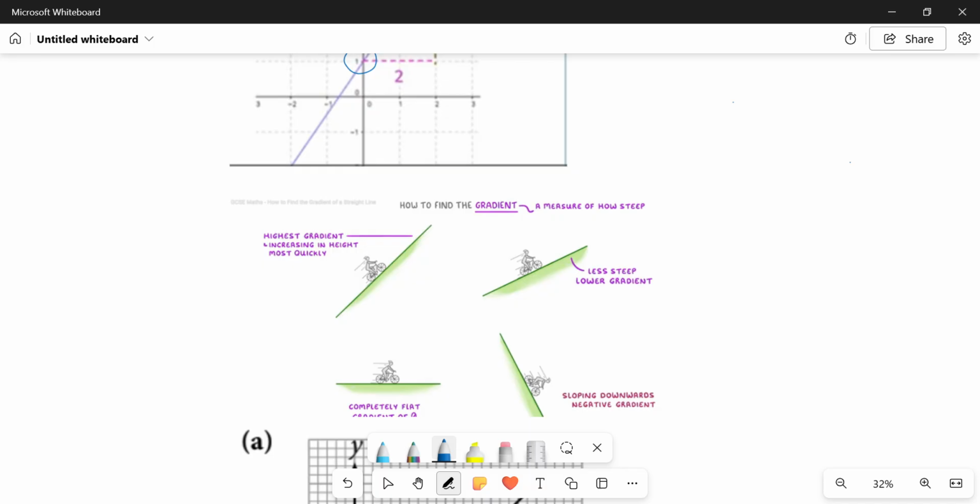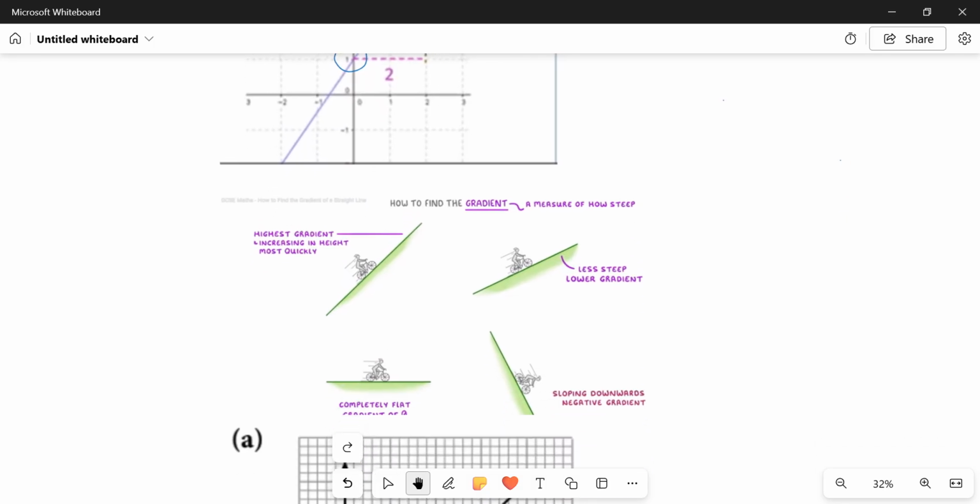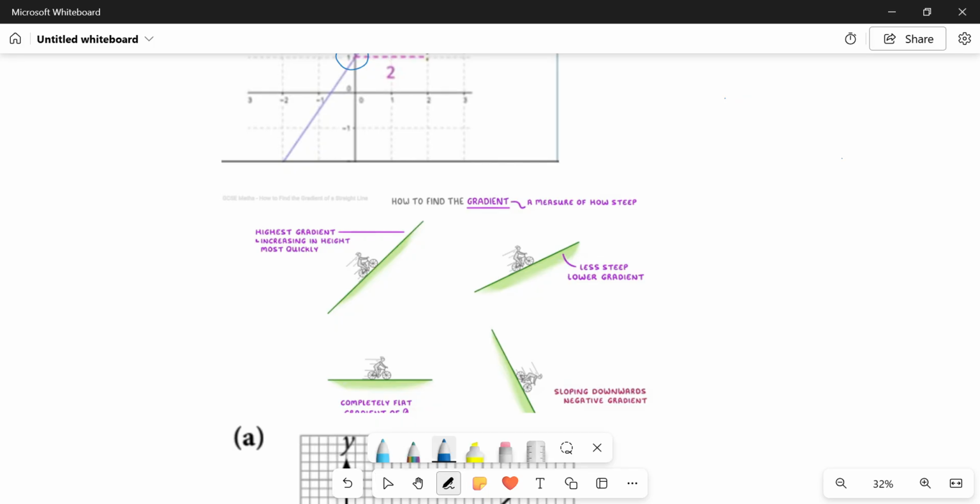If I draw a y-axis here, so see this line is close to the y-axis. It has the highest gradient.